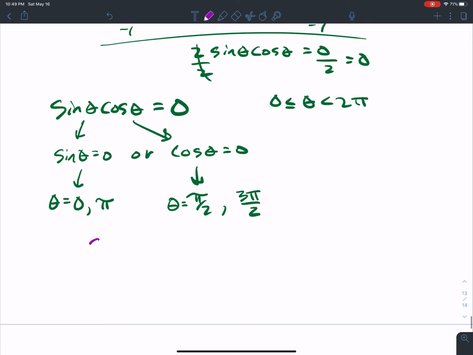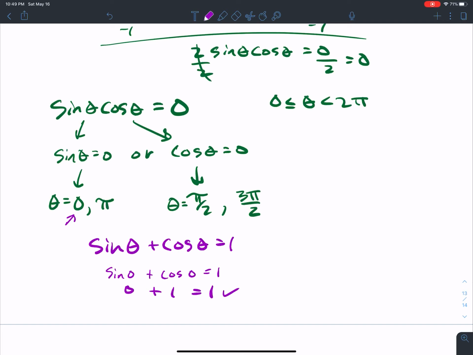So I'm checking in my original equation, sine theta plus cosine theta equals 1. If I plug a 0 in, that gets me sine 0 plus cosine 0 equals 1. That's 0 plus 1 equals 1.